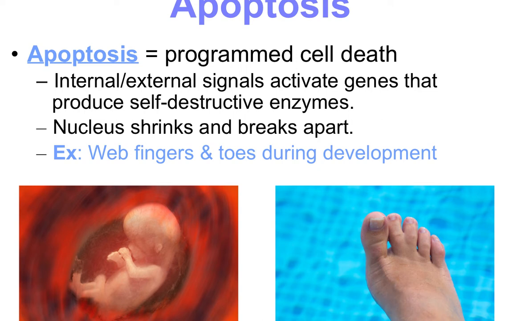So when we're in the womb, we actually have webbed fingers. We have to get rid of that webbing because babies aren't born with webbed fingers and toes like ducks. So the cells in between each finger go through programmed cell death, and fingers are more defined.